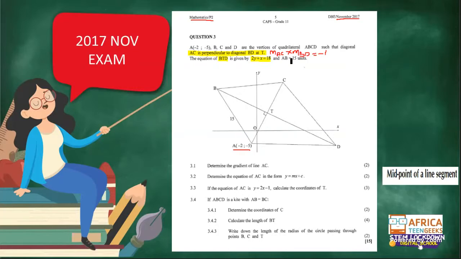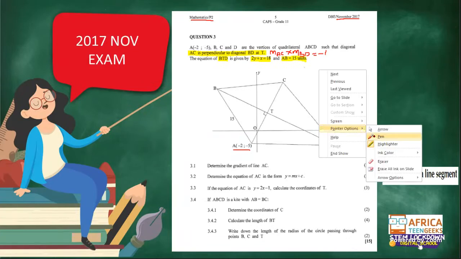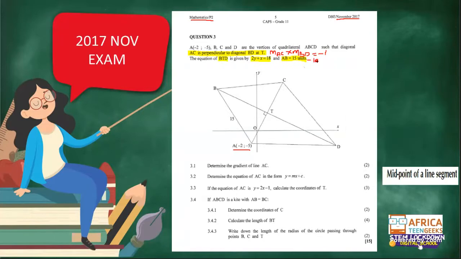So if AB is 15 units, what is the 15 units? The 15 units is the length, or the distance.